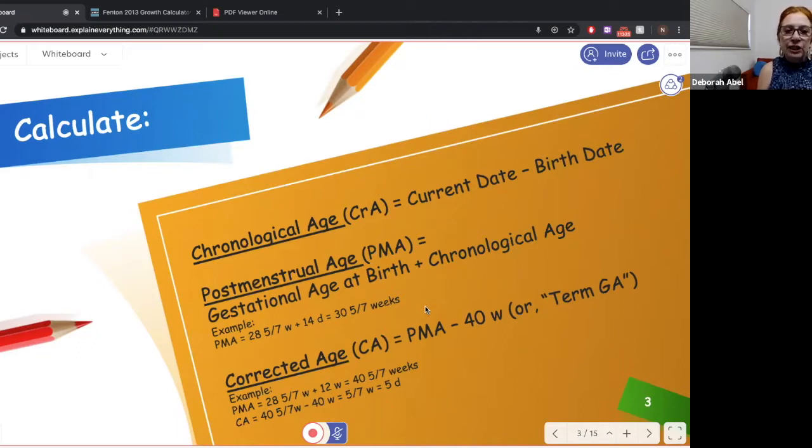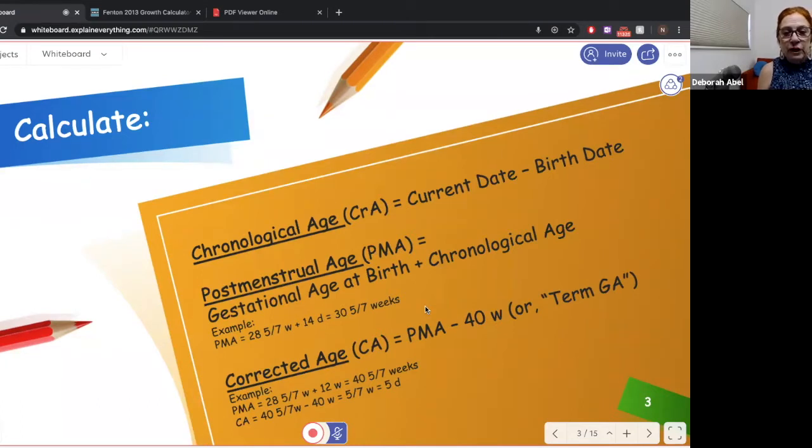It's not on the slide, but gestational age is the time from the last menses to the time the infant is born, and it's reported in weeks. Chronological age is the current date, or the date of assessment, minus the birth date. It's the number of days the infant is alive.